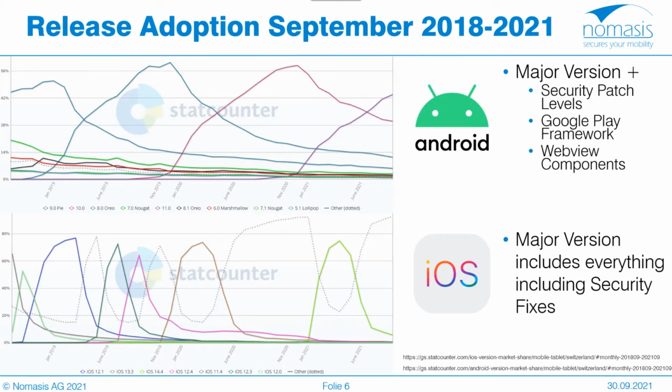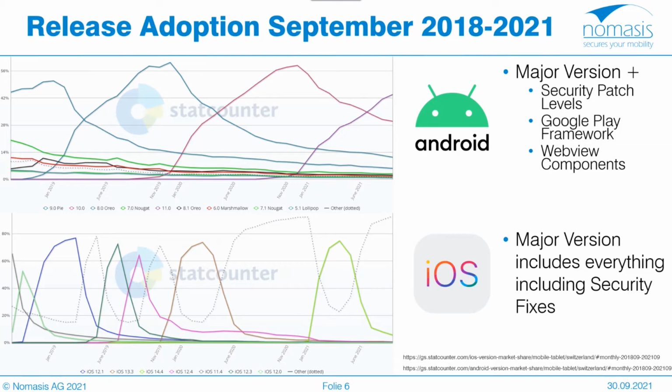Basically, the data that they gather from all the millions of websites shows which OS versions the visitors are using to access all these websites, so we can have a pretty good picture of the versions that are used in the wild in Switzerland. So it's already filtered by Swiss IP ranges.